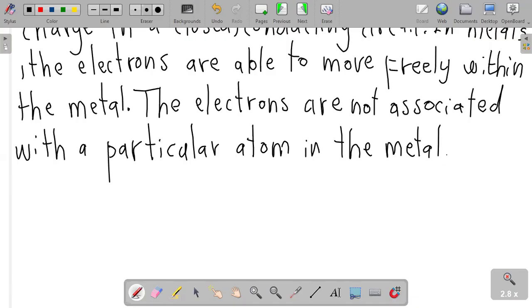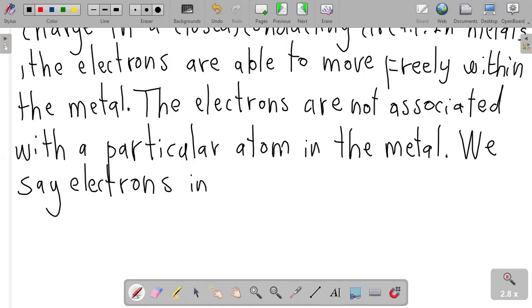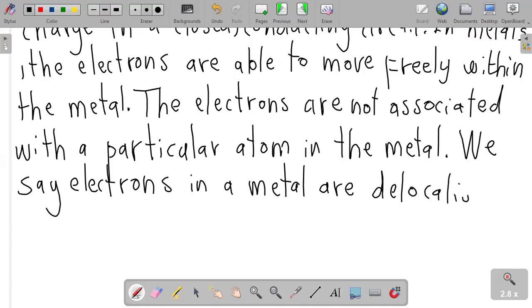We say electrons in a metal are delocalized. This is the key word here, delocalized, because they are not associated with any particular atom. That's what makes them move freely.